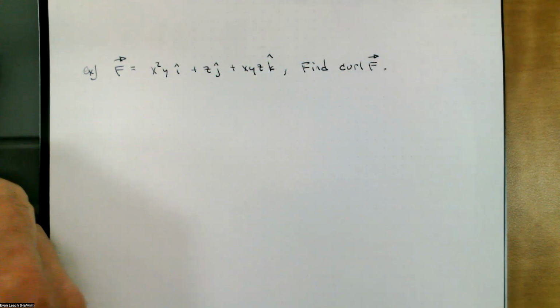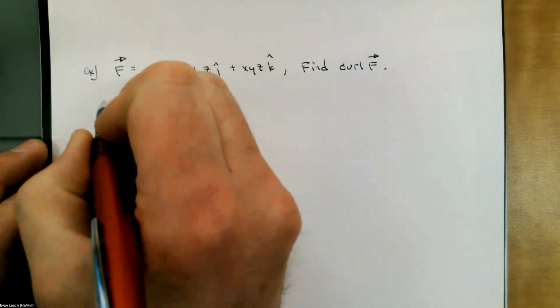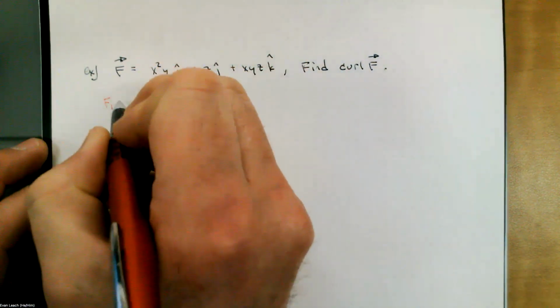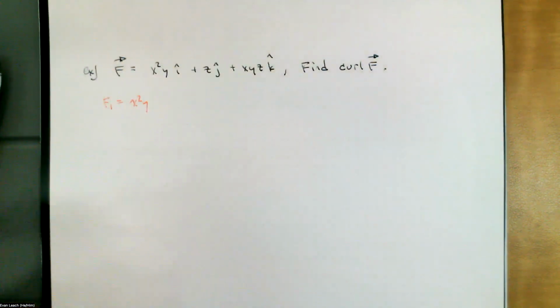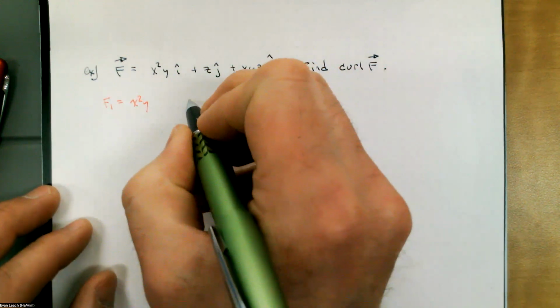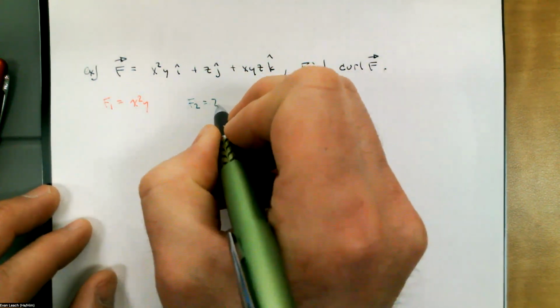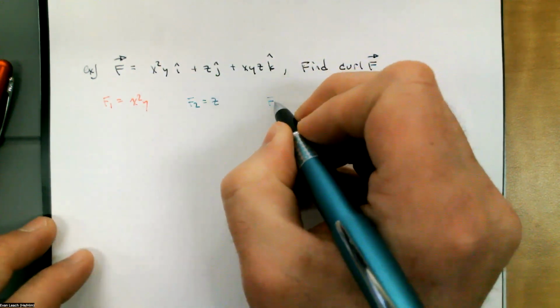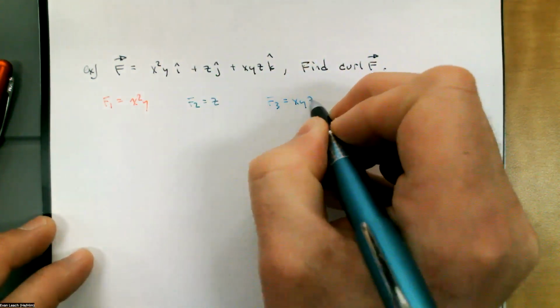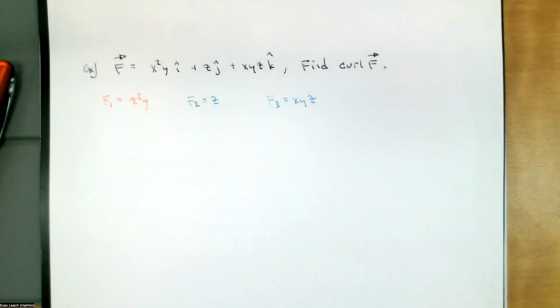So I've got these three functions. I've got F1. F1 is my i component. So F1 is x squared y. Our F2 is just z. And F3 is xyz. So these are our individual components.